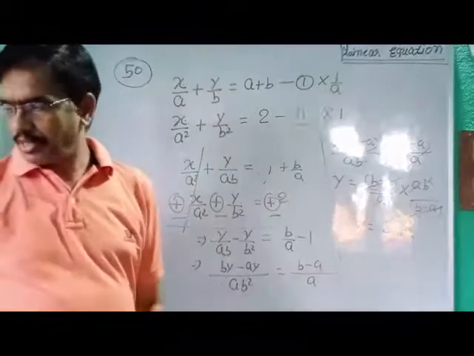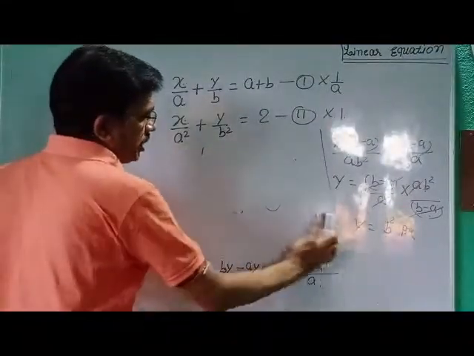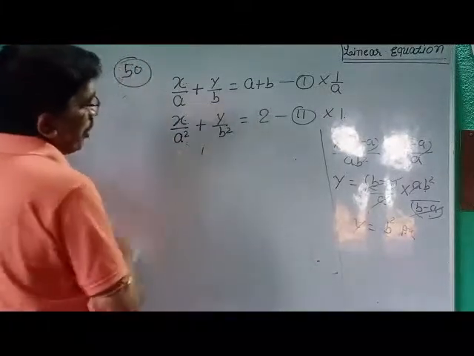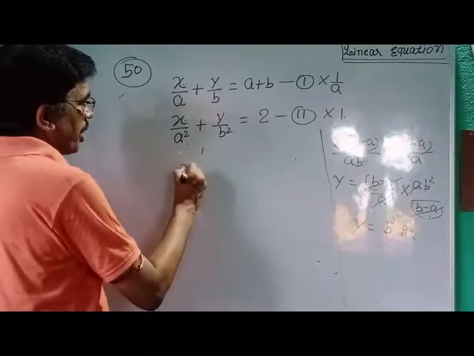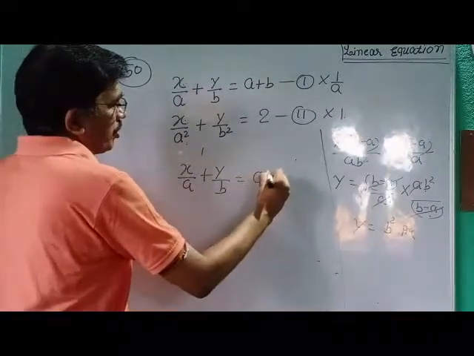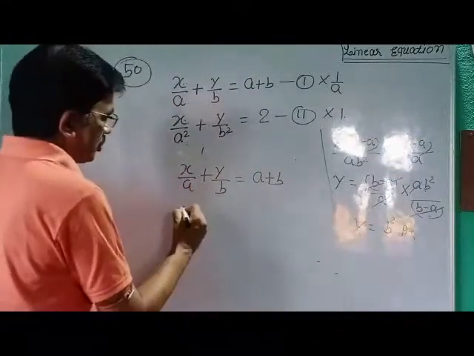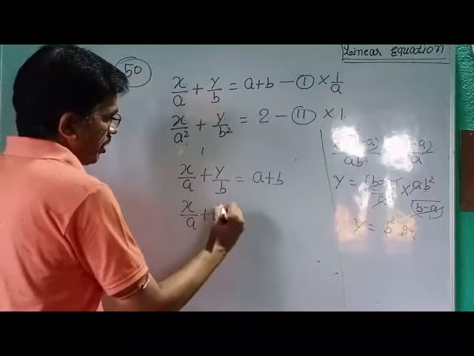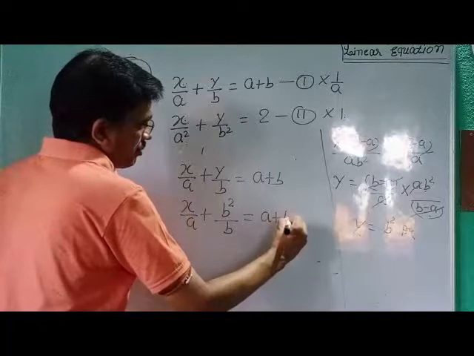Now if y is b², then substitute the value of y in the first equation. So what you get? Write here x/a + y/b = a + b. Now y is b², so write here x/a + b²/b = a + b.